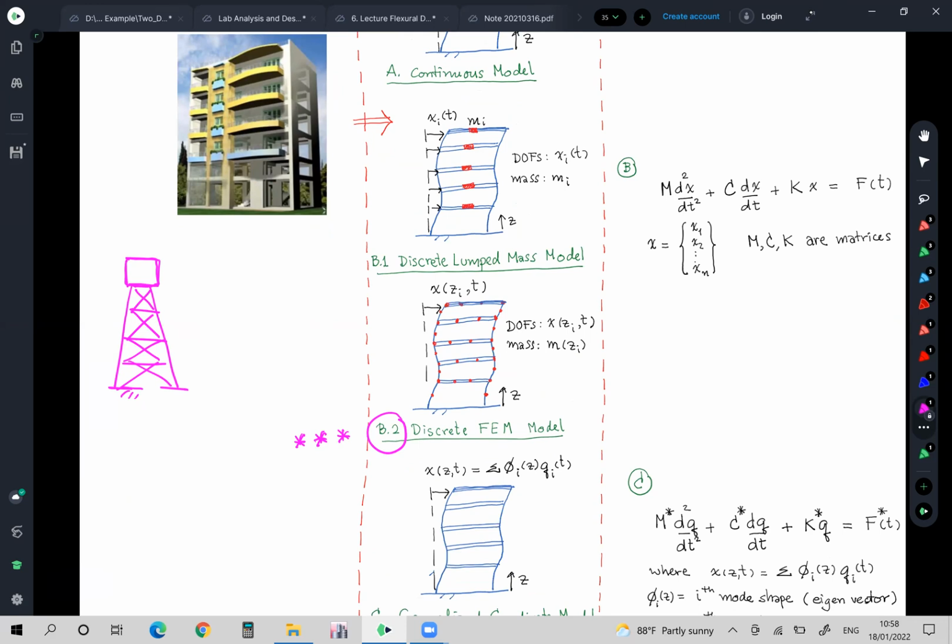Solving this by the finite element model is okay, no problem. But it's much simpler if you use just the lump mass model. Only 1 degree of freedom, which most engineers consider at the middle of the water tank, how it moves with time. And if I know the movement at that location, I can design my steel truss very effectively.